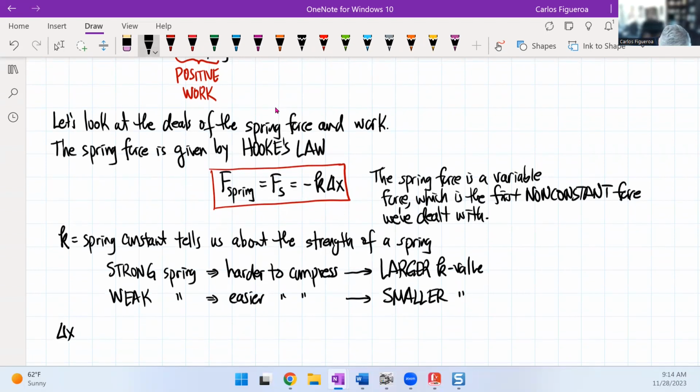Delta X here, what it tells us is that this is the term that says this is the distance that the spring is compressed.